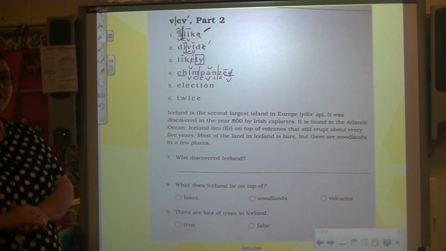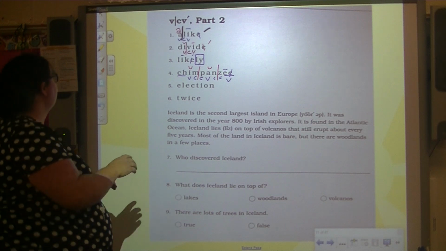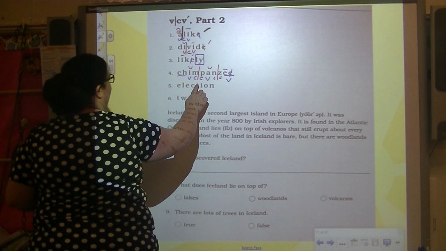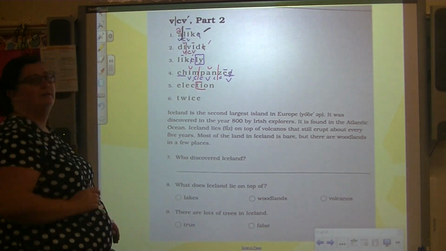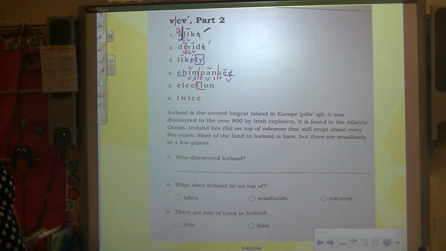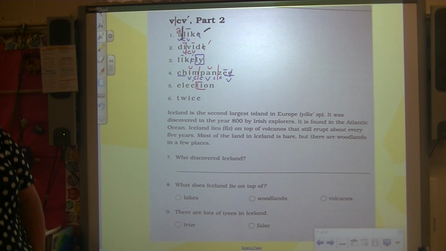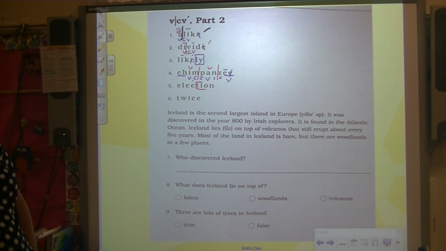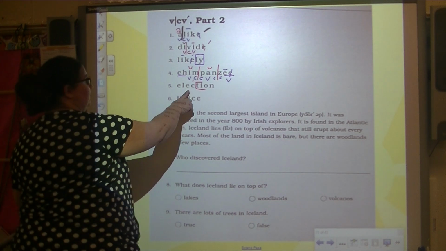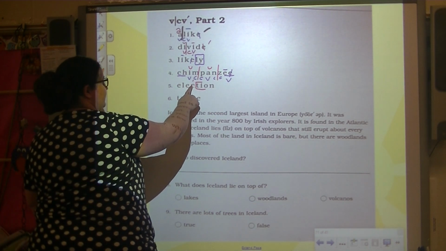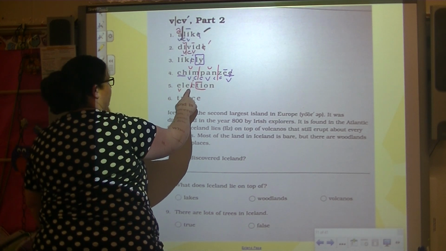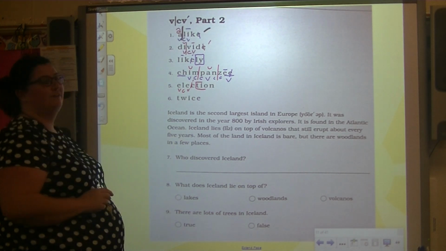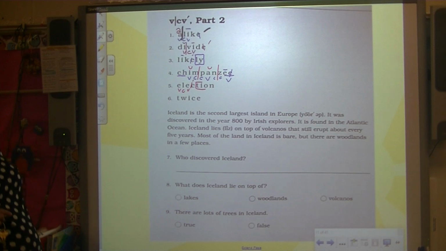All right, number 5. We have a final stable syllable, T-I-O-N. Accent is on the first part of the word. We have K back on that C. Now we have vowel, with a consonant in the middle. Vowel, consonant, vowel.